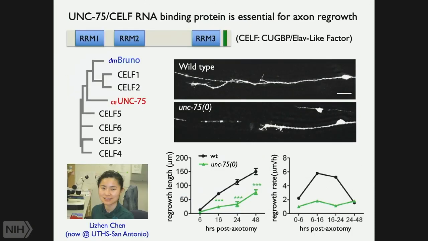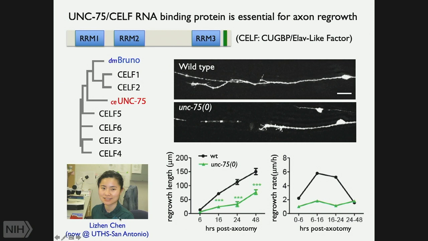So what we happened to realize is that there is a C. elegans homolog of CELF2, called UNC-75. CELF2 is an RNA binding factor with three RRM domains. It's mostly nuclear, and it is named for CUG binding factor, as well as ELAV-like, and is related to the Drosophila gene Bruno.